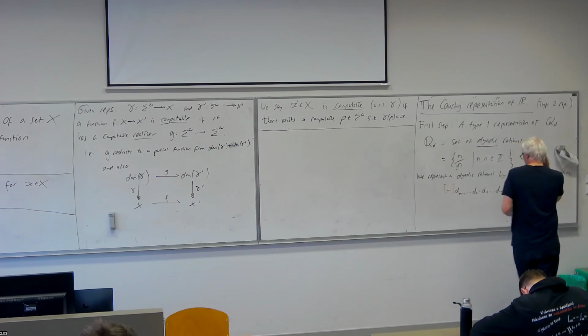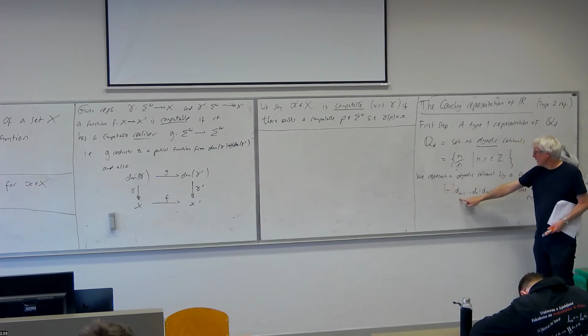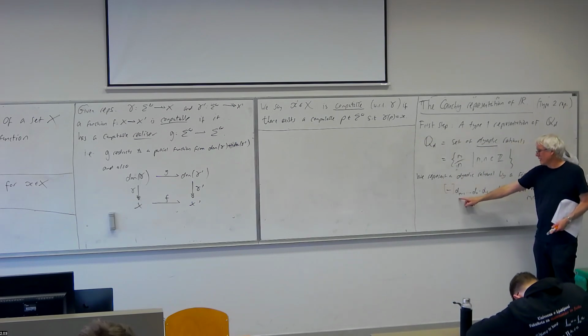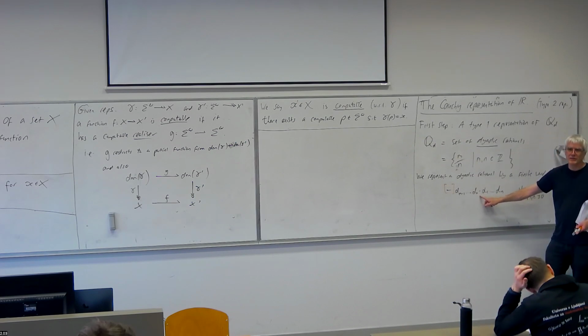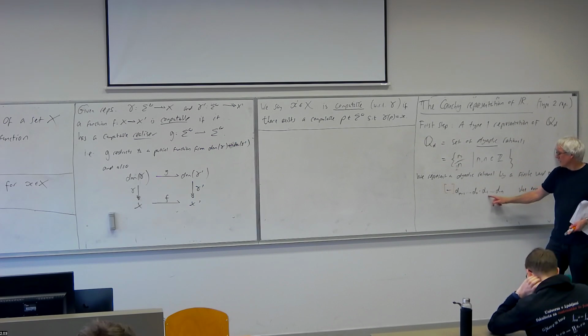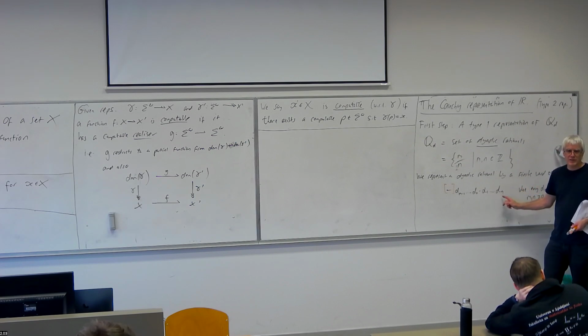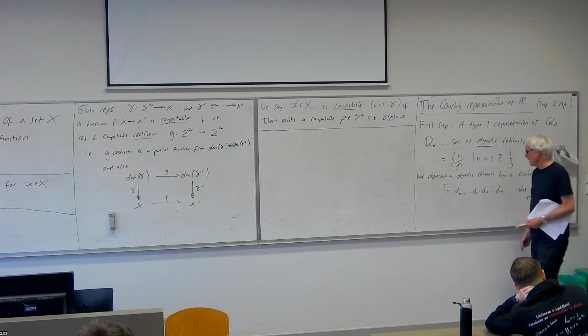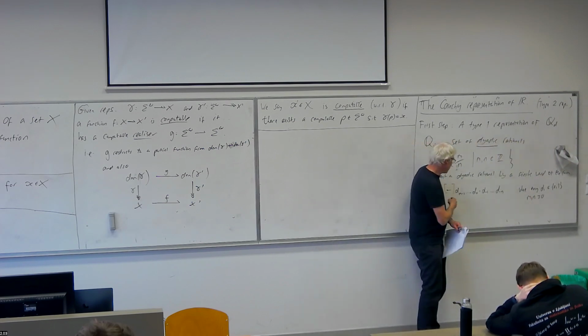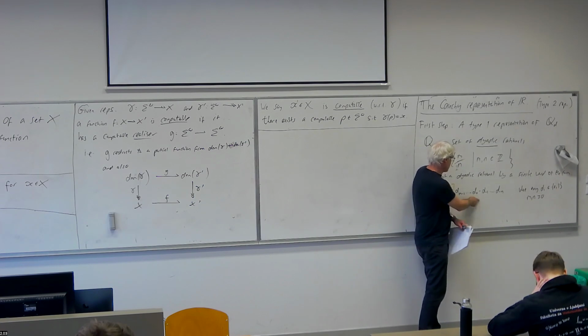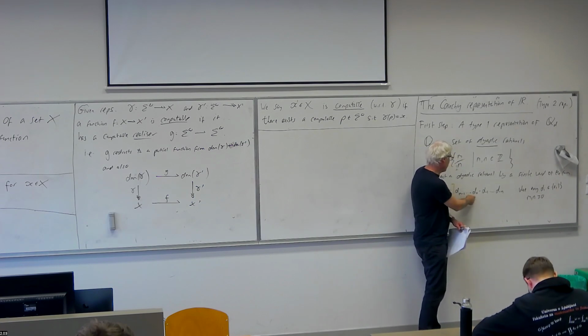Okay. And so you read this as a binary integer followed by the binary point, and then the expansion of the fractional part. I could write out the sum, but I don't really see the need to. It's the usual interpretation of this as a binary natural number.